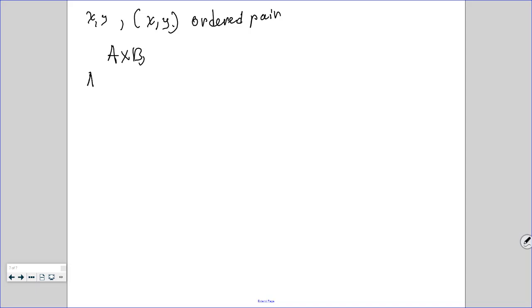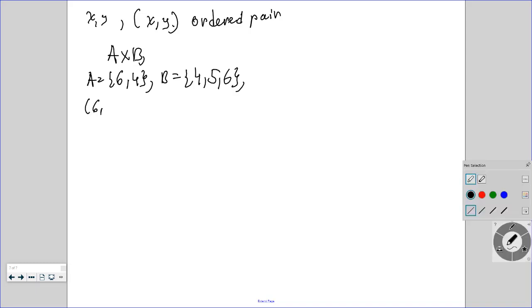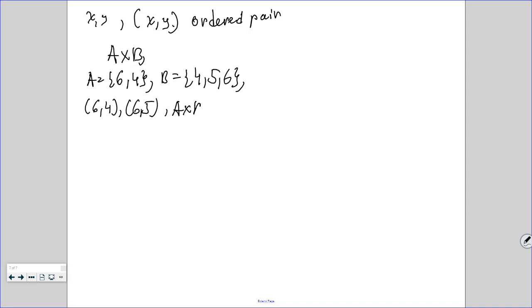So for example, if A is the set of 4, 6 and B is the set of elements 4, 5, 6, then (6, 4) and (6, 5) are ordered pairs in the Cartesian product of A, B. The other thing you may note is that (4, 6) is also in the Cartesian product of A, B. But those are different elements. (6, 4) and (4, 6) are different elements.